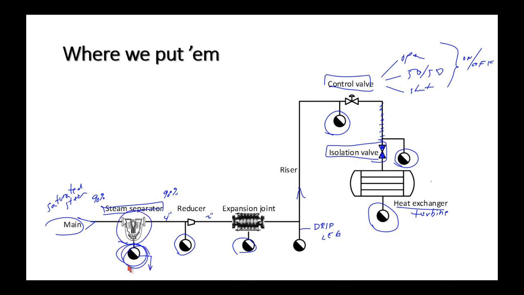Is there a trap on that steam separator? What kind of trap is it? Look for the expansion joints and see if there's a trap, and ask yourself why or why not. If you see the base of a steam riser, is there a trap? What kind of trap is there? And on and on and on.